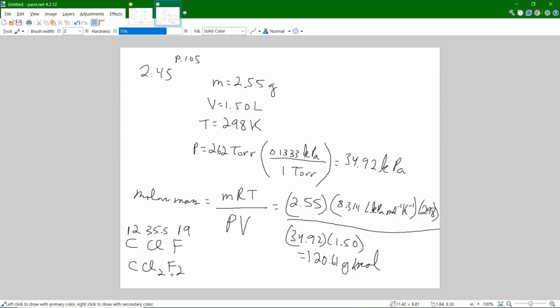Widely expressed, is that what they call it? Something like that. So that's 2.45, and that was a good question, I thought. So I'm going to do another one related to density. So that was an example of how to get molar masses.